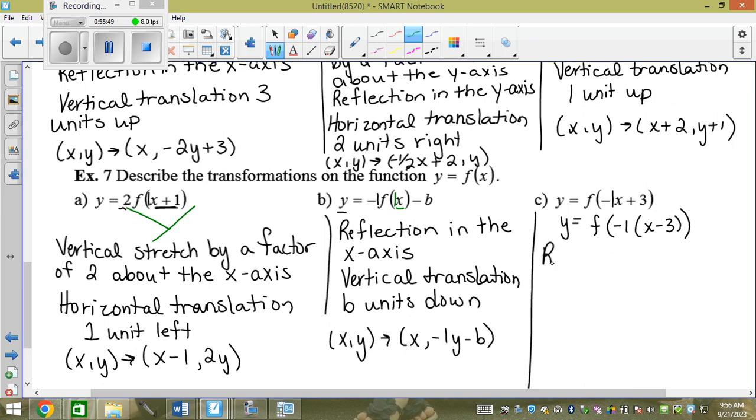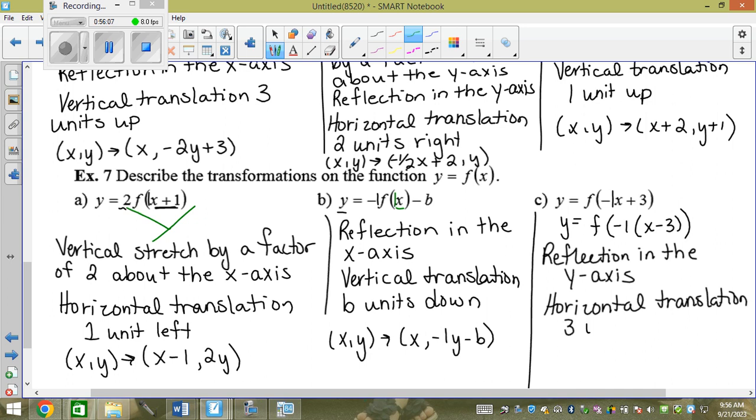So I have a reflection in the y-axis, and a horizontal translation 3 units. So x, y becomes -x plus 3.